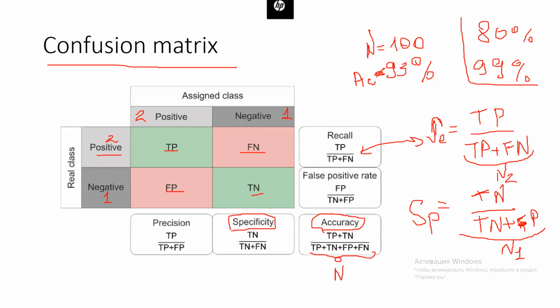And also, there are some additional parameters such as precision. In our field, it may also be like the predictive power of an algorithm. For example, you have 100 patients, and the groups will be similar, 50-50, class 1 and class 2.